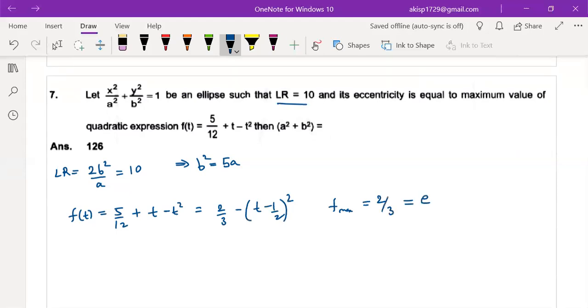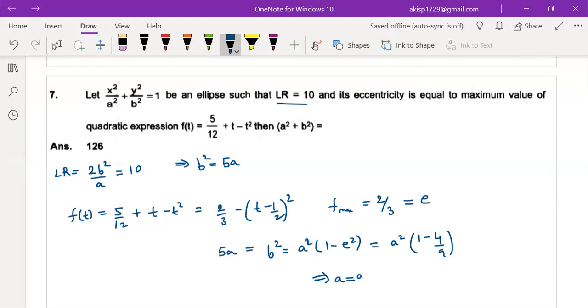So we have e here, and we want a square plus b square, but we also know b square in another way as a square into 1 minus e square. So we have it as a square into 1 minus e square, which is 4 by 9. But b square we have already said is 5a. So this gives us the value of a itself. So a is just 9.